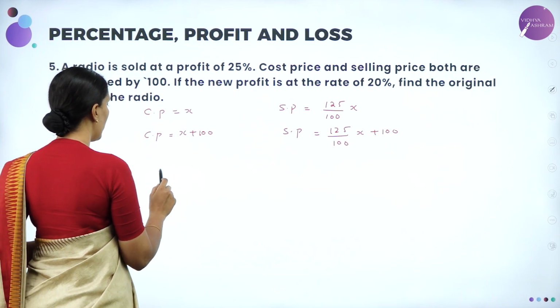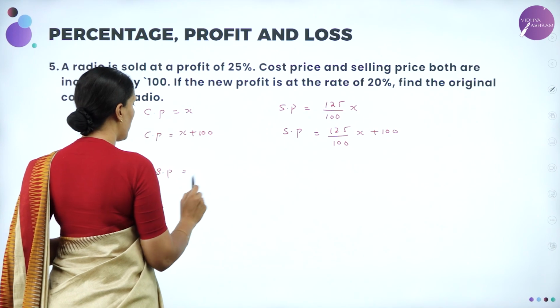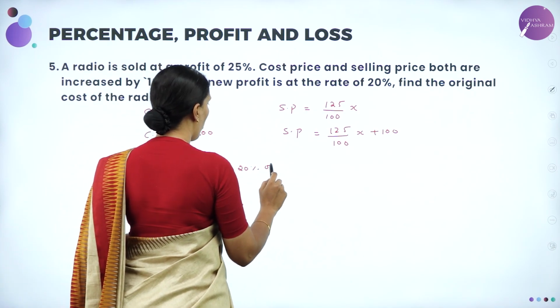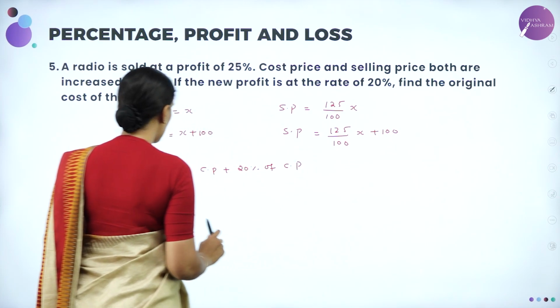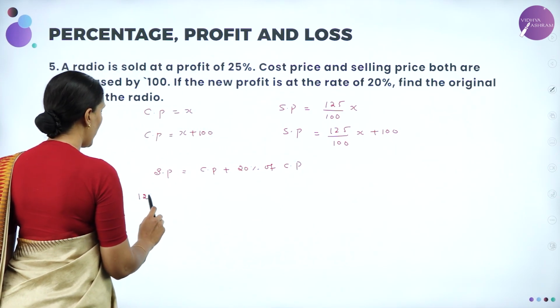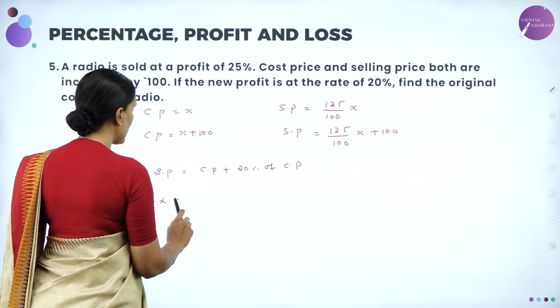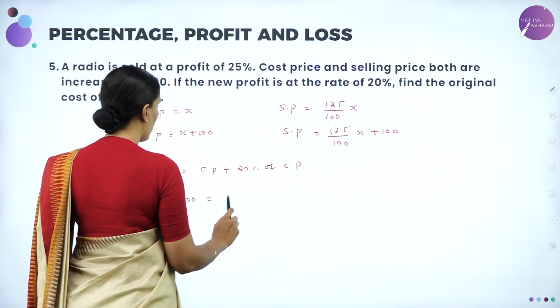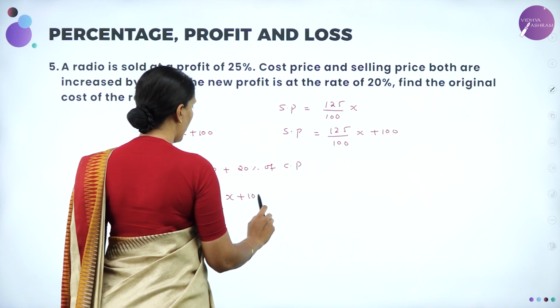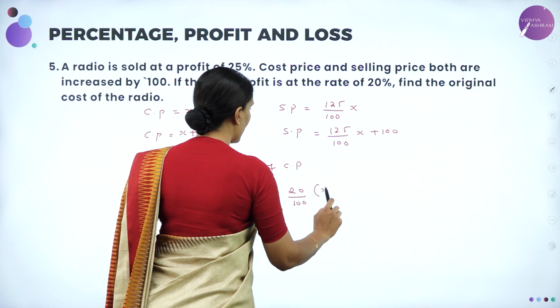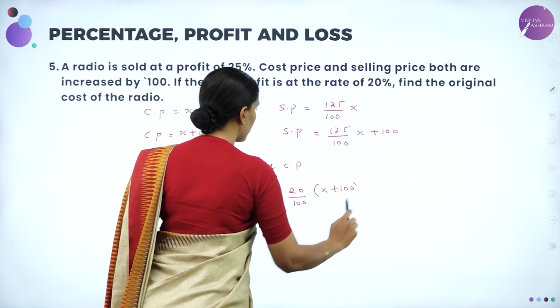So therefore here selling price is equal to cost price plus 20% of the cost price. So selling price is 125 by 100x plus 100, which is equal to x plus 100 plus 20% of x plus 100.